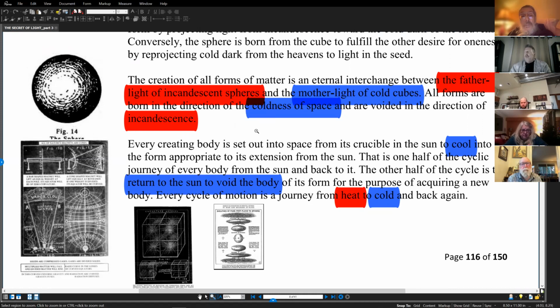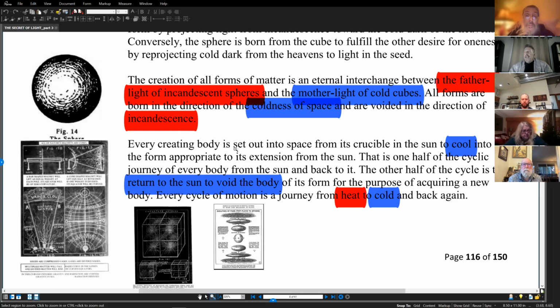So as we talked about earlier, we have the incandescent sun, goes forth and forms planets in the coldness of space. There the wave action happens, and it will return back in the direction of the incandescence of the sun. Coldness of space form, back to incandescence, back to source.